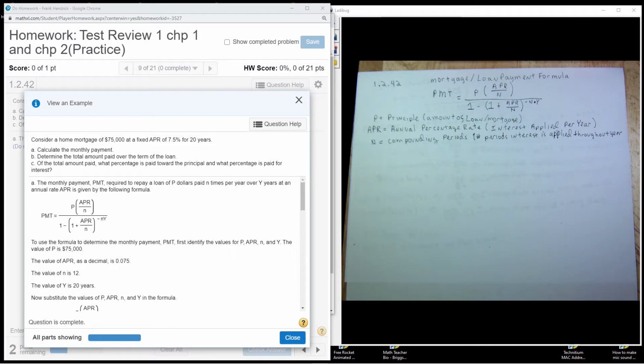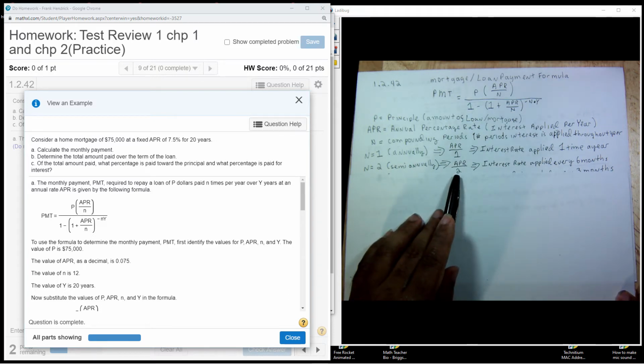If N is 1, the interest rate is applied one time in a year. If N is 2, then it's semi-annually. That means the interest is going to be applied twice, and the amount of interest applied is just half of it. Every 6 months, semi-annually, the interest is applied.